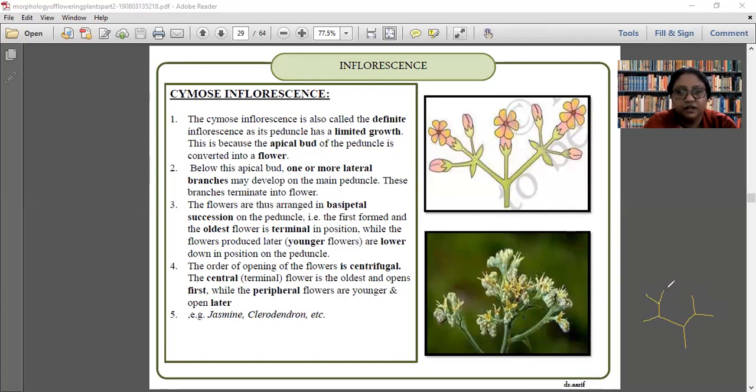After a few tiers of branching, there will be presence of a terminal flower. So हमेशा यहाँ एक flower के हो जाने की वजह से what will happen is it cannot go indefinite.